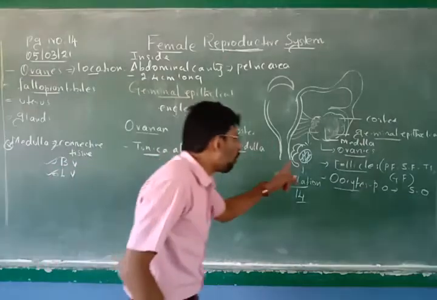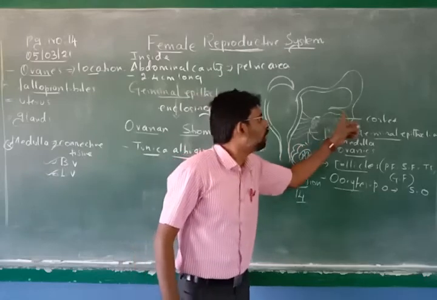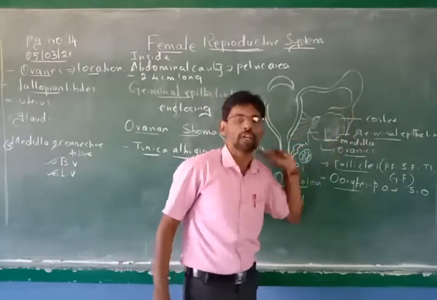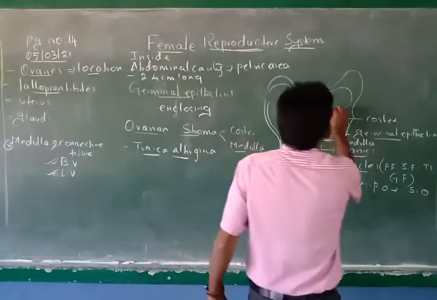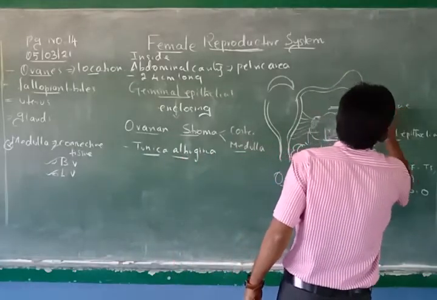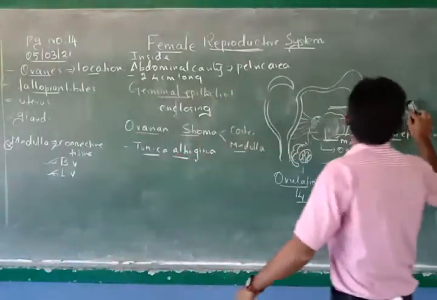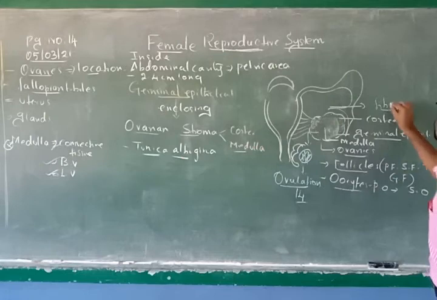Now, this ovum which is liberated from the ovary will enter the beginning of the fallopian tube. So this beginning of the fallopian tube is called fimbriae. Okay. That is an important structure, a finger-like structure called fimbriae.